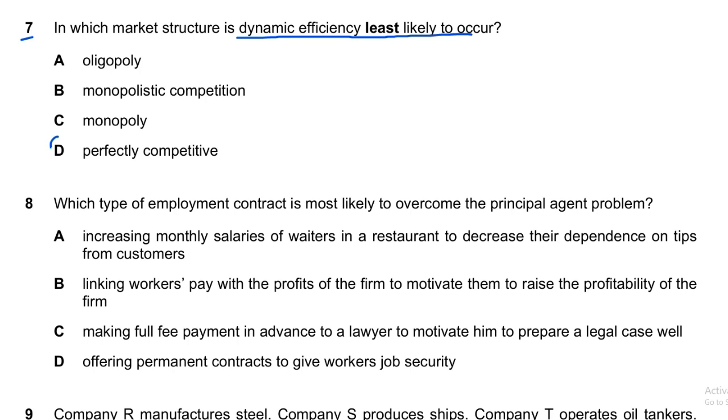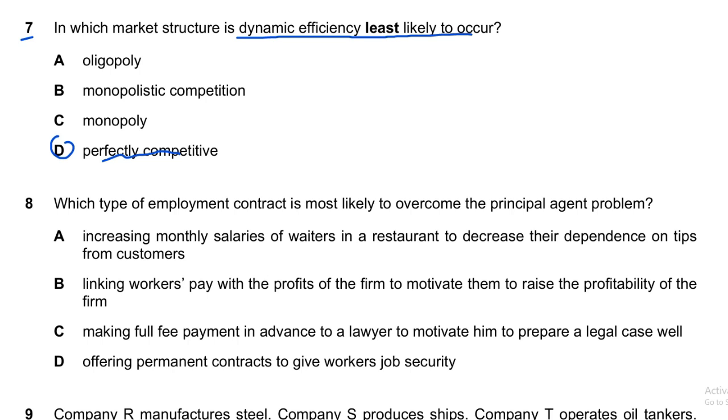So perfectly competitive market structure is least likely to be dynamically efficient, because in perfect competition, firms are very small in size, and they can't afford efficient technology, machinery and tools, and they cannot undertake research and development. Perfect competition is a type of market structure where there are a lot of sellers selling similar, homogeneous products, and they are very small in size. So small size firms are generally dynamically inefficient.